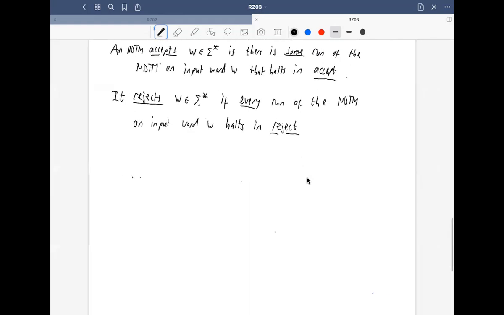And once again, we're going to use these to say what it means for a non-deterministic machine to decide a language. So again, we're interested in looking at sets of words. Is the word accepted or is the word rejected?